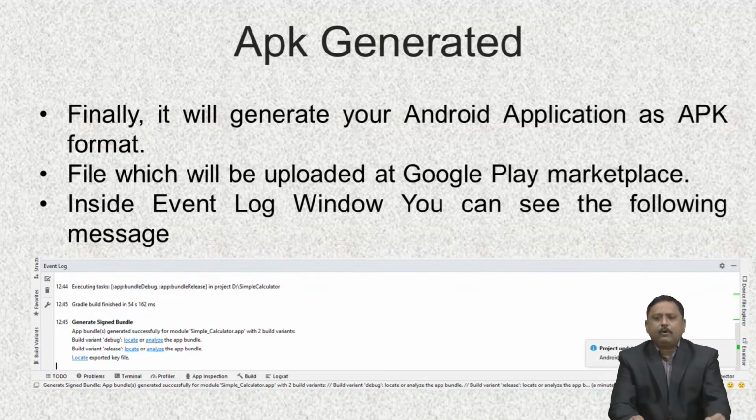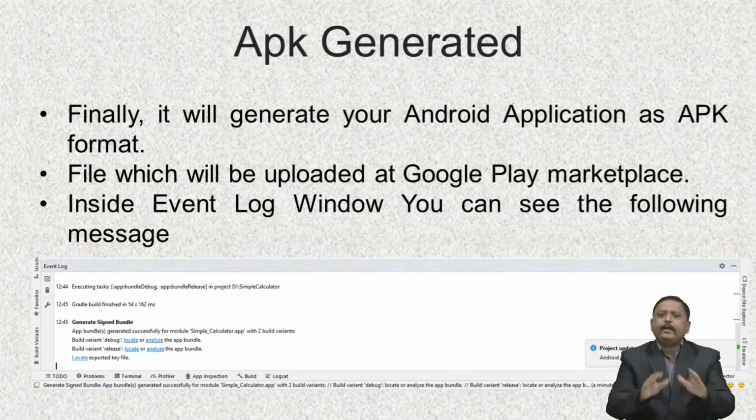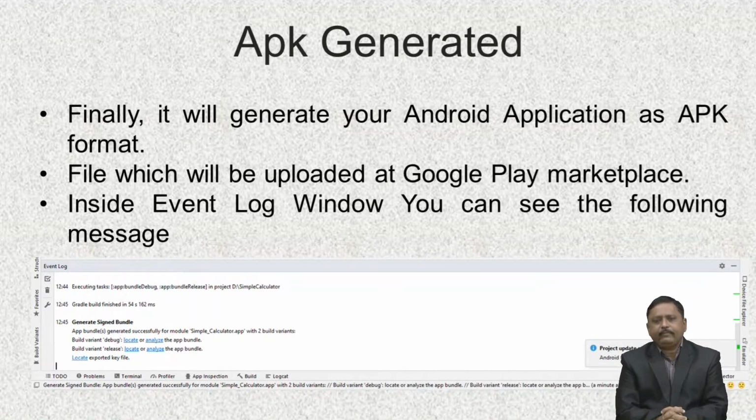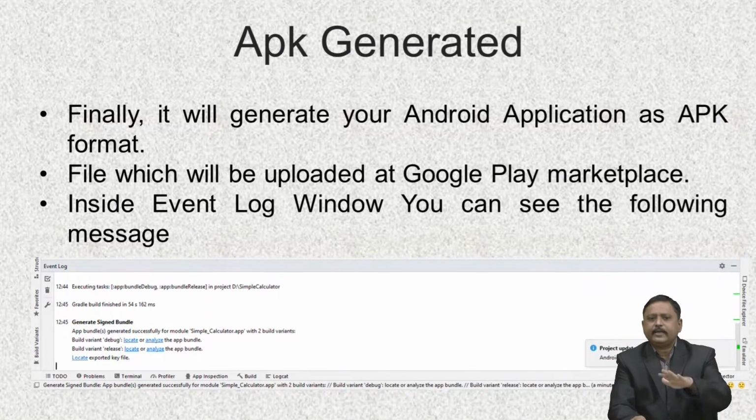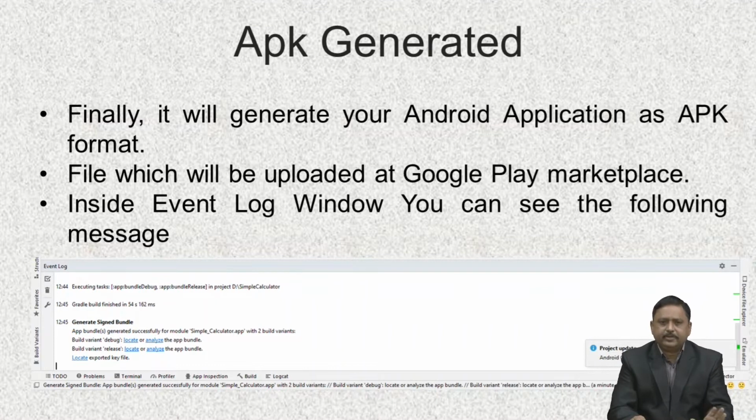At the bottom you can see a blue hyperlink. By clicking on the locate button, you can open that folder, and that file you have to upload on the Google Play Store. So finally it will generate your Android application in APK format, the file which will be uploaded to the Google Play Marketplace. Inside the event log window, you can see this message for successful generation.